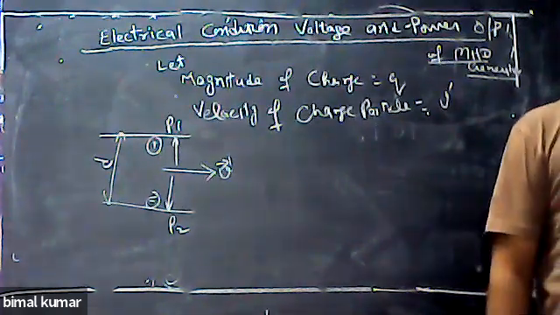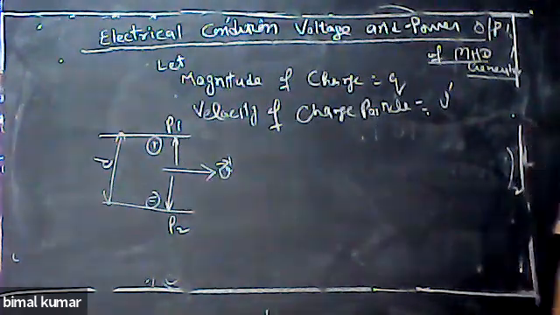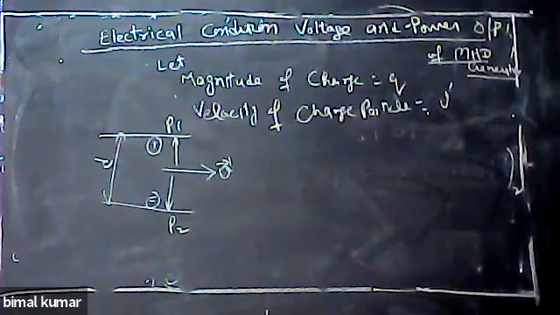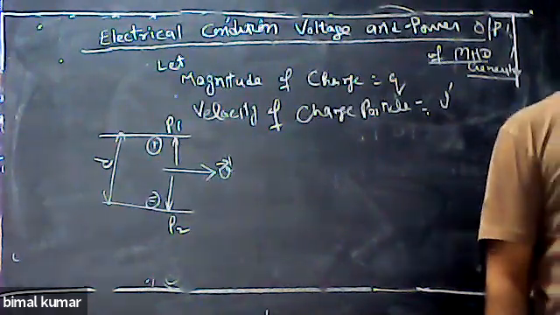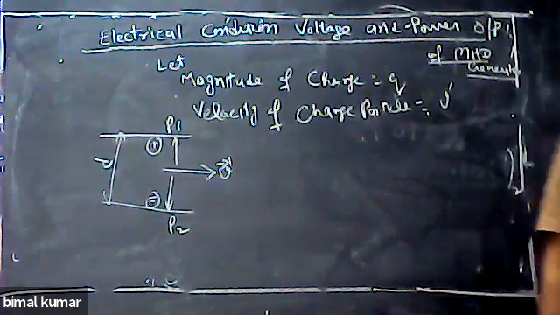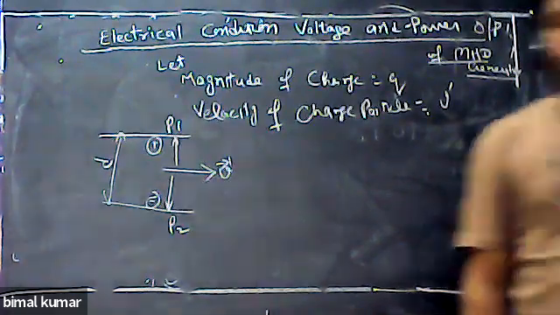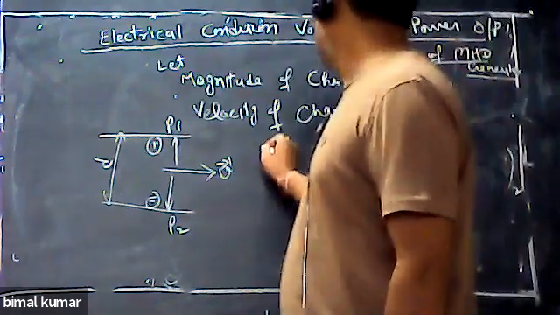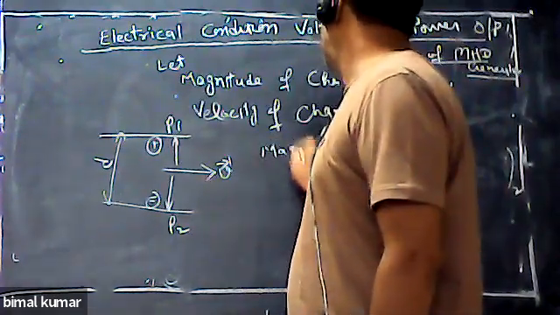Then we are assuming that a perpendicular magnetic field B will be acting.